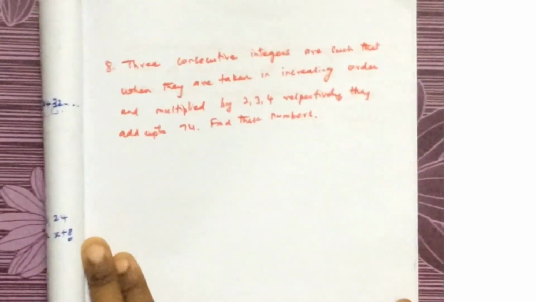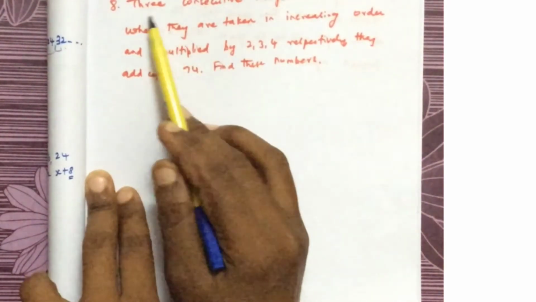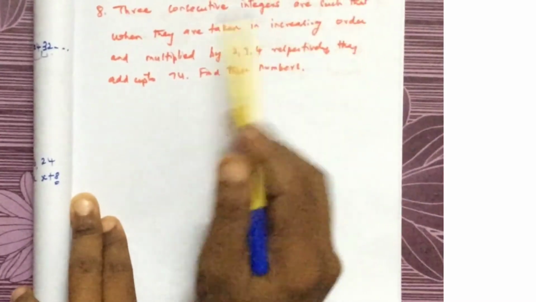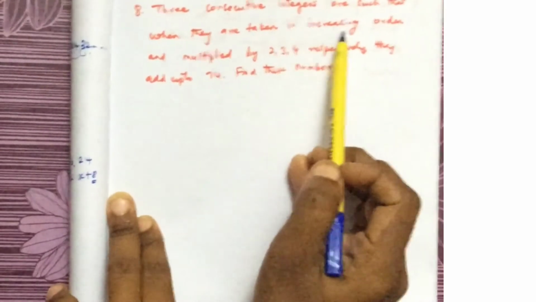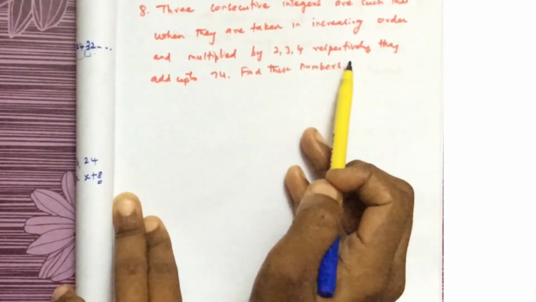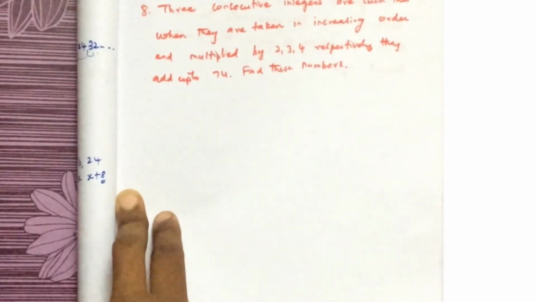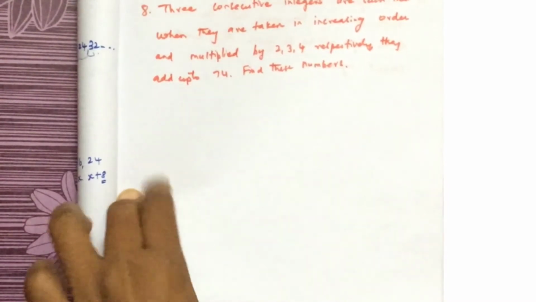Now the next problem is: three consecutive integers are such that when they are taken in increasing order and multiplied by 2, 3, 4 respectively, they add up to 74. Find these numbers. This is very simple. There's only one change here.